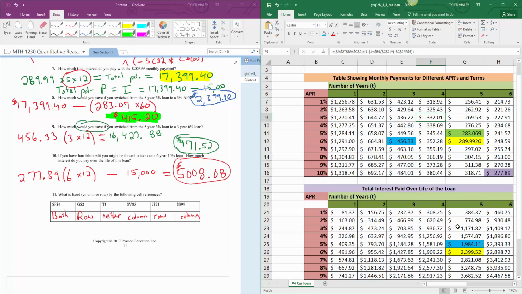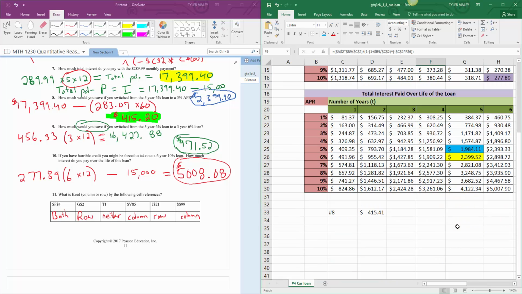That's going to have some rounding error, and the rounding error is addressed in the text, something we need to be aware of. It might not seem like a lot, just 21 cents difference. But if you have a $1 million loan, that's going to be a lot of money that would be off. So doing things by hand may not be the best way to go about things.